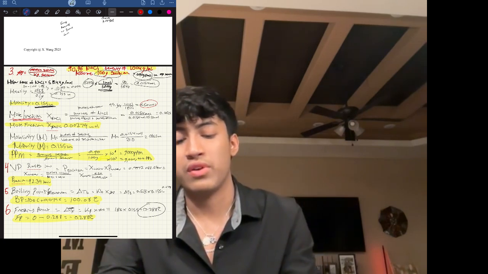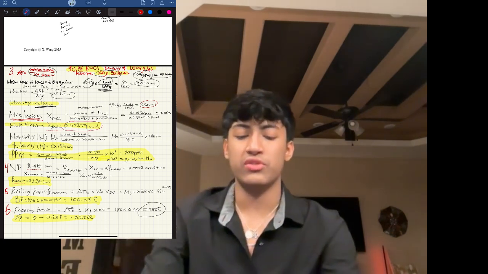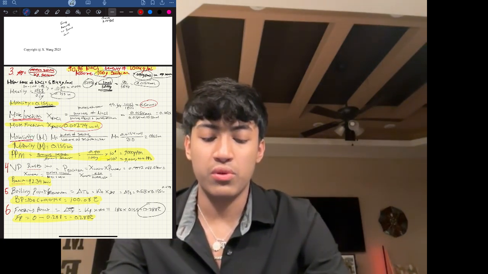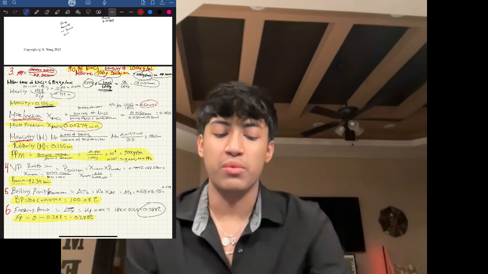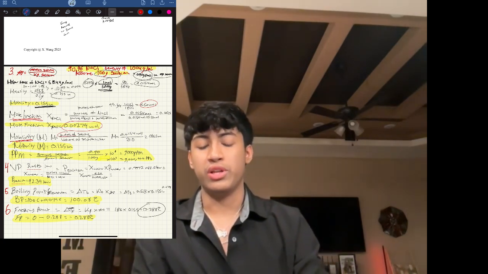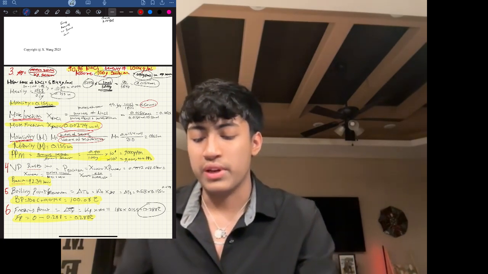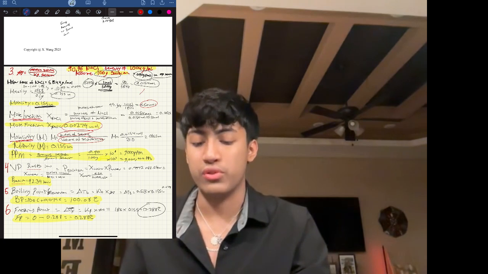So we would just have to find the mole of water, which is 5.5 mole, and this equation would equal 0.00279. And that's the mole fraction for sodium chloride.